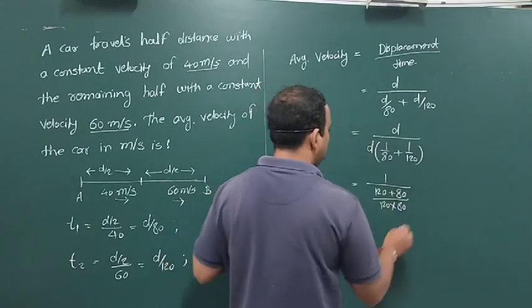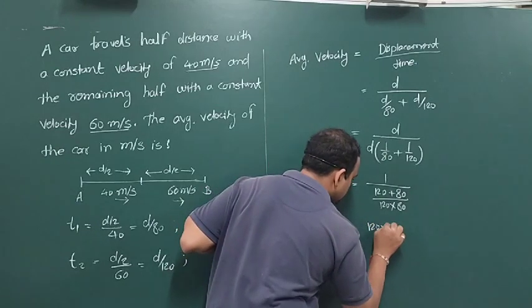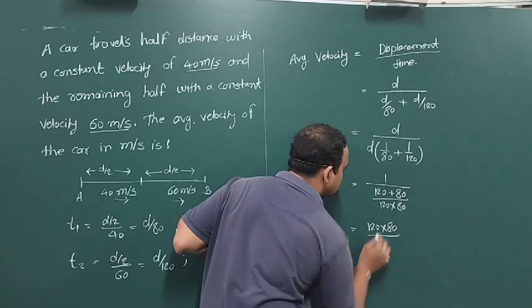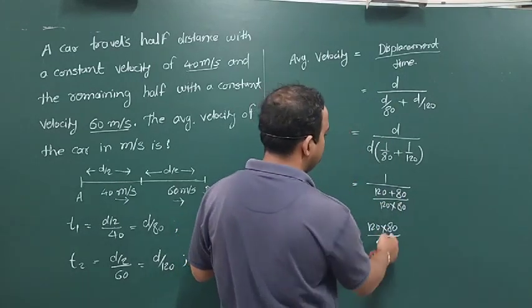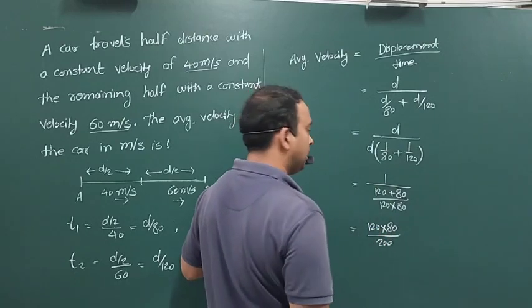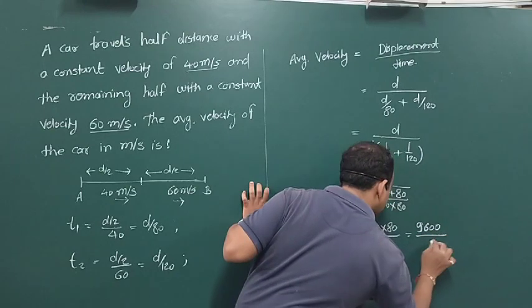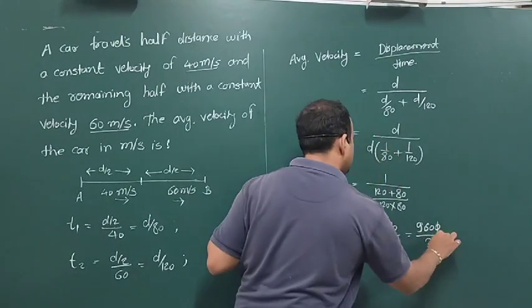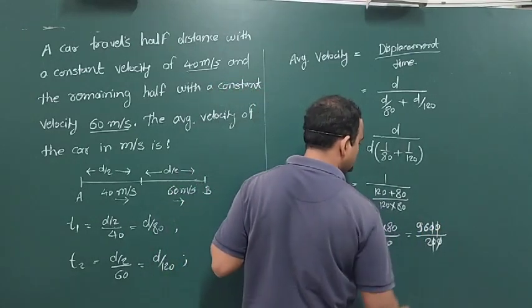So this will go to the upper side. So we get 120 into 80 divided by 200. So we get 9600 divided by 200. 0 gets cancelled. Okay, 0.